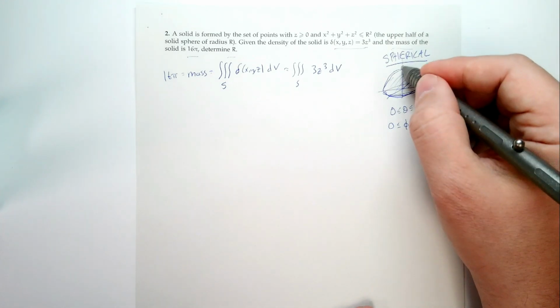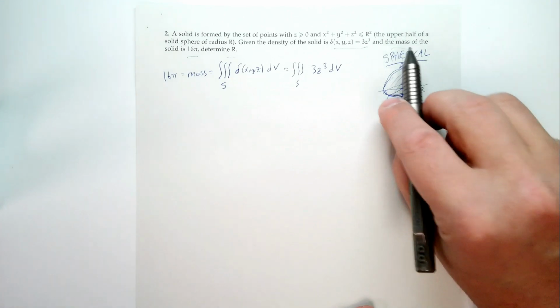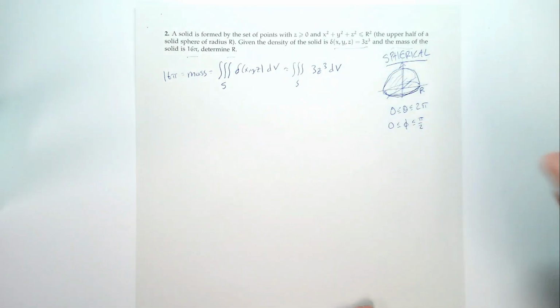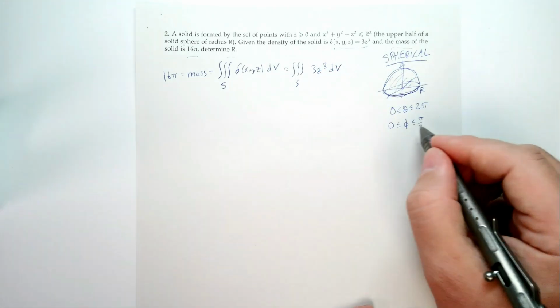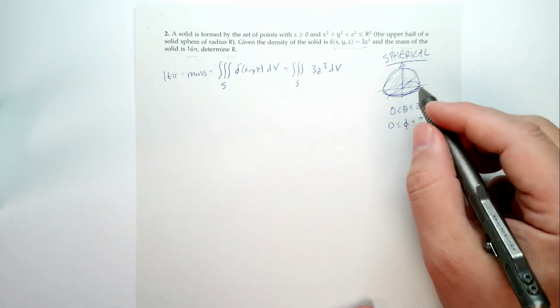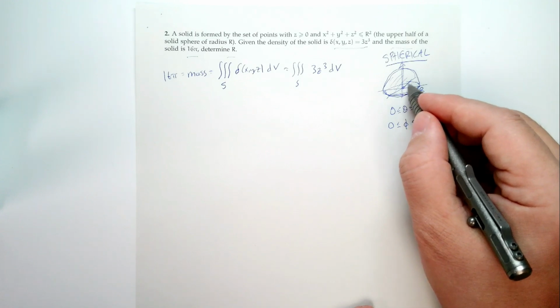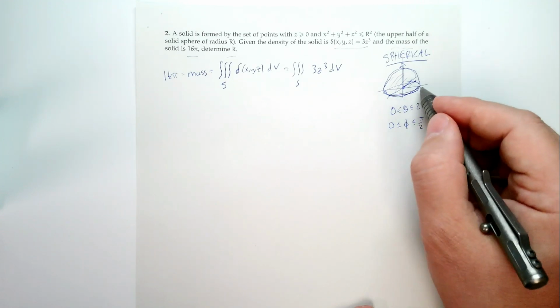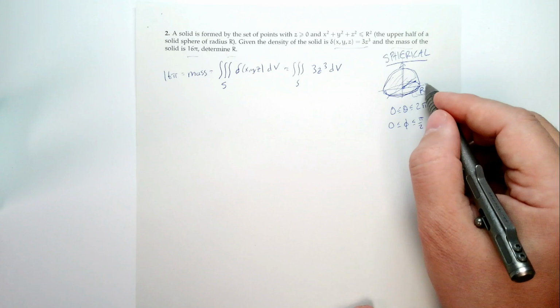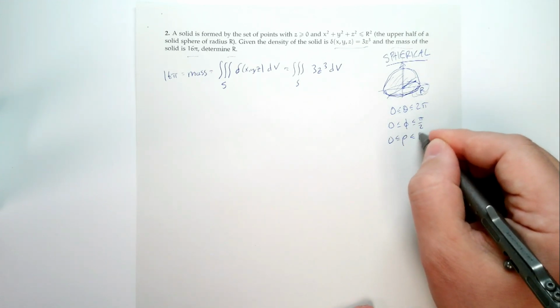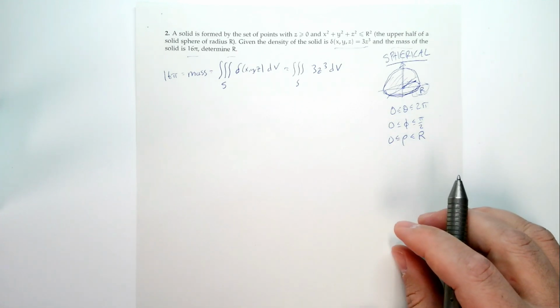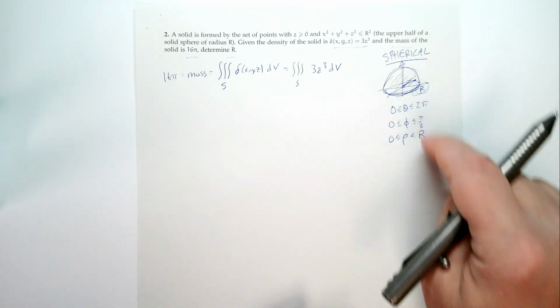So remember, phi equals 0 is straight up, and then we come off the z-axis, and by the time we hit the xy plane, that's at pi halves. So 0 to pi halves. And what about rho? Rho goes out to the edge of the sphere, and we are a sphere of radius R. So 0 less than or equal to rho, less than or equal to capital R.